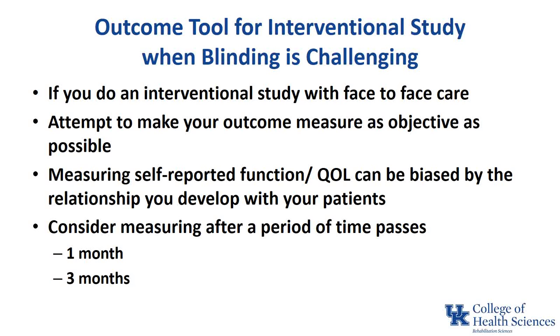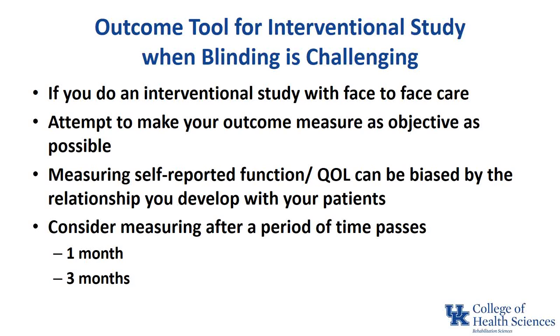That's a little harder to justify instead of using maybe a quantitative sensory test or some kind of more objective test. So if you're going to do more face-to-face hands-on interventions, then you want to try to make your outcome as objective as you can. You always want to make your outcome as objective as you can.